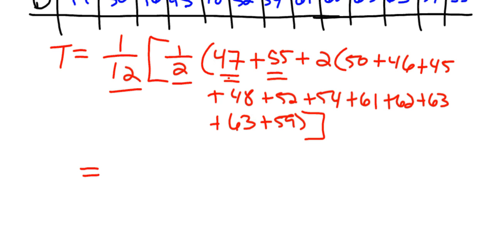Or you can basically do the summation and divide by 24. However you want to think of it is fine, as long as you do it mathematically correct. So we should have an approximation for the trapezoidal rule of 54.5 degrees. So that's what we should have over this 12-hour period.